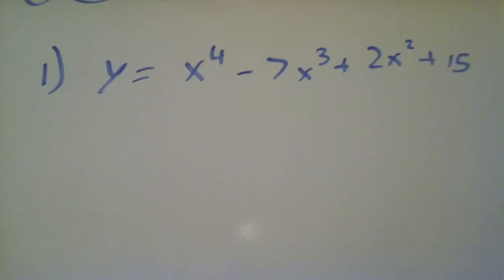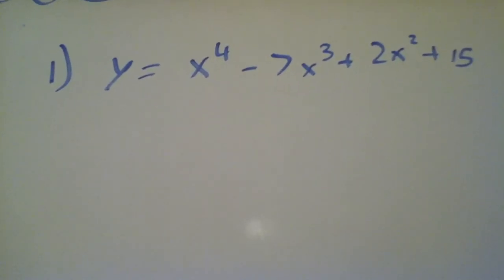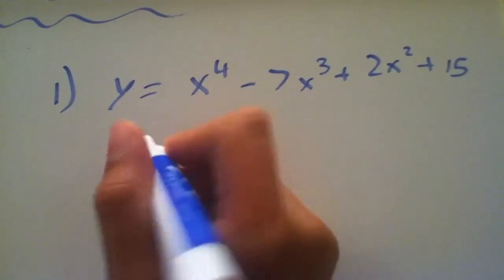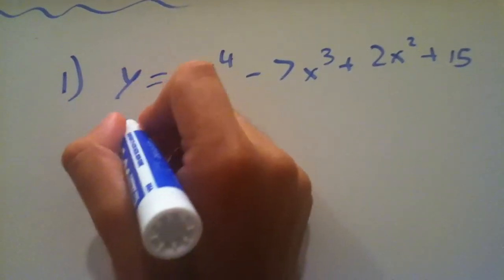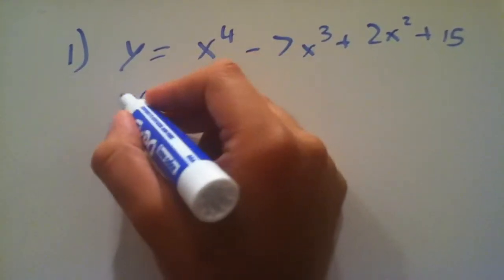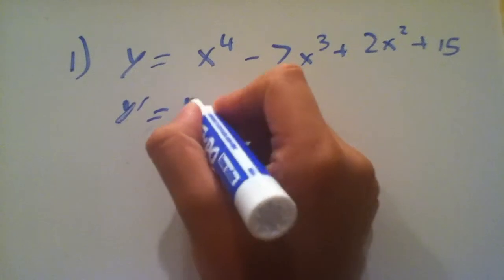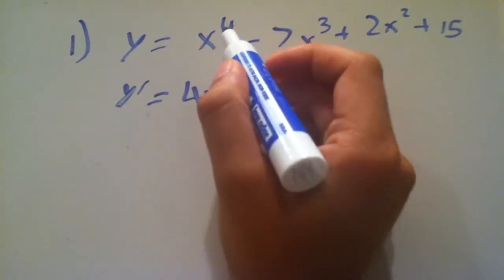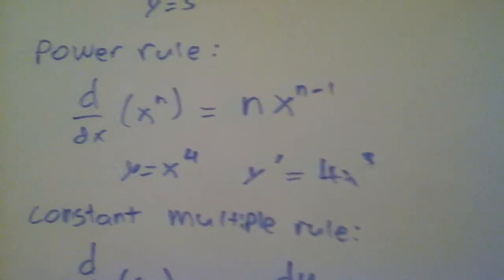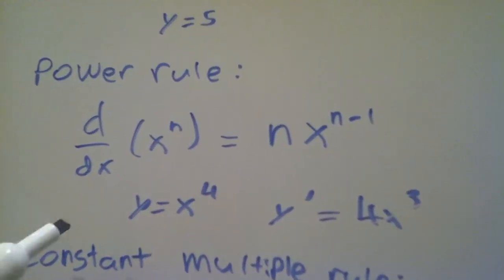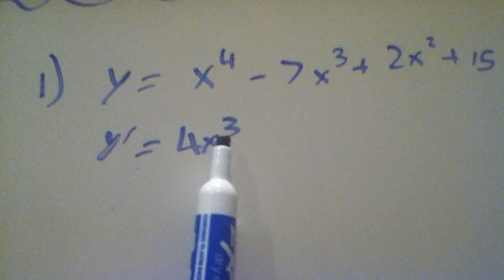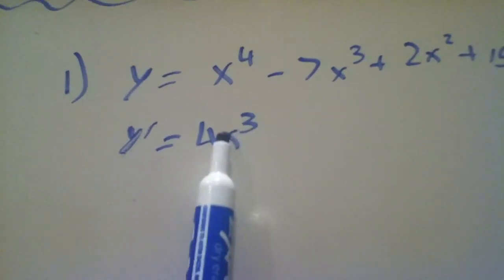Because of the sum and difference rule, we can treat each term as a separate variable. So y prime would be equal to 4x cubed, because this is the power rule here. The 4 comes to the front, that's the n, and then x to the power of n minus 1.